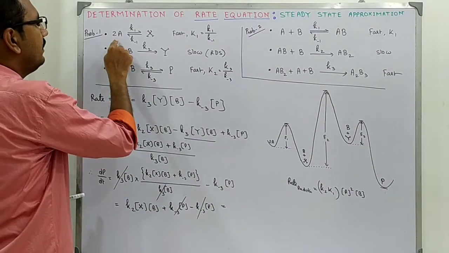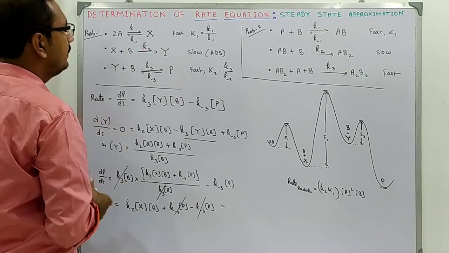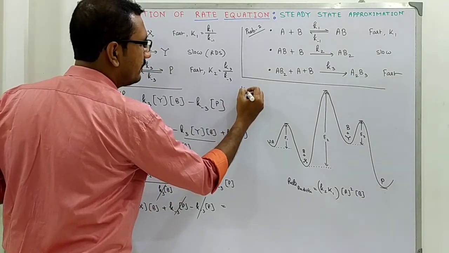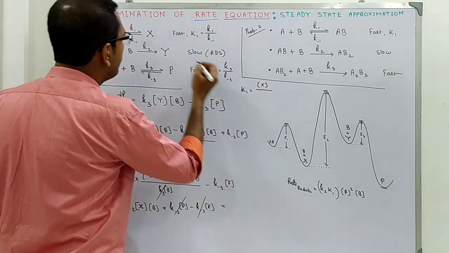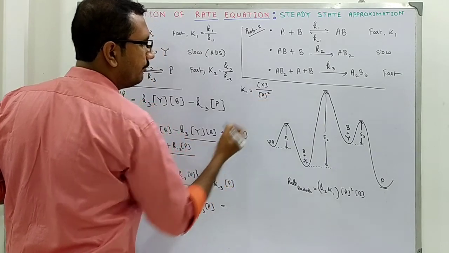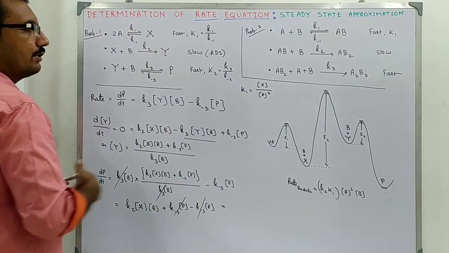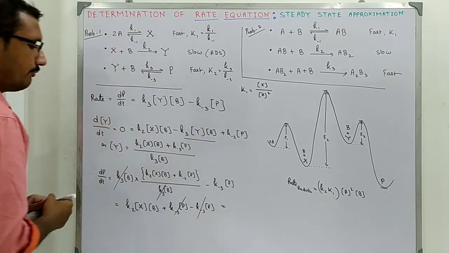Now, see, this is the first step, and here we have an equilibrium. So, the equilibrium constant will be given by concentration of X, that is concentration of product, by concentration of reactant raised to the proper powers. So, what will be the concentration of X? That will be K1 into concentration of A squared.